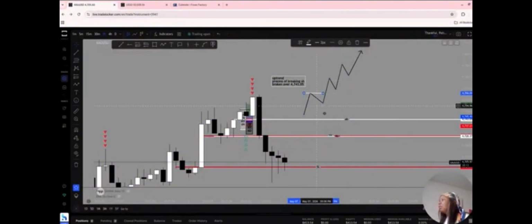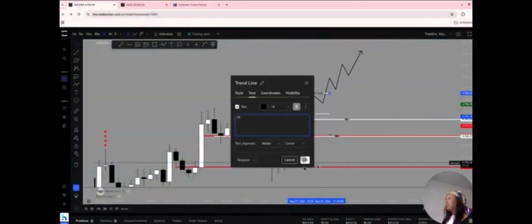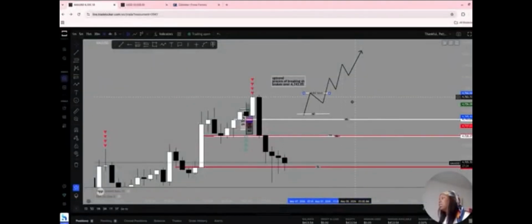So boom, this is our swing high right now, and this is our swing low. Let me write that out. Now price is going here. Once price goes up past our swing high and it closes, this is our indication, right?